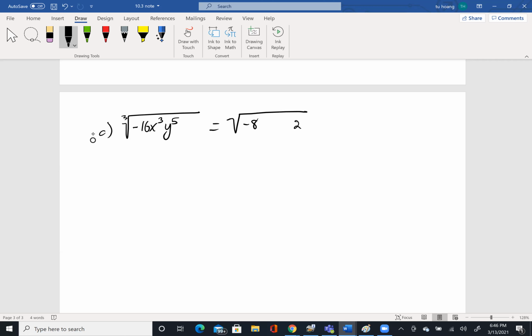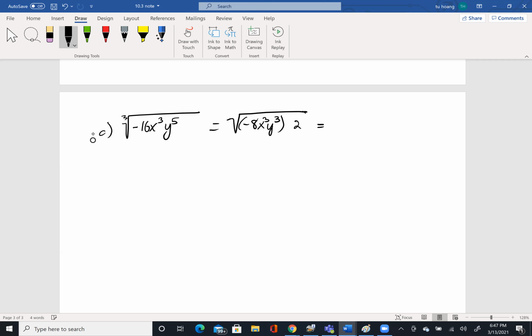And negative 8 is a cube factor, right? What else? x cubed stays, and y to the power fifth. Now I'm going to use y to the power third, because that is a perfect cube, and then I'll just use parentheses so I can separate it out.